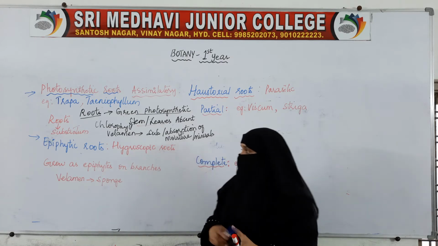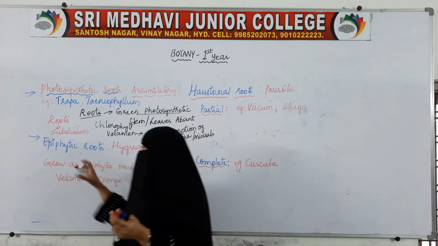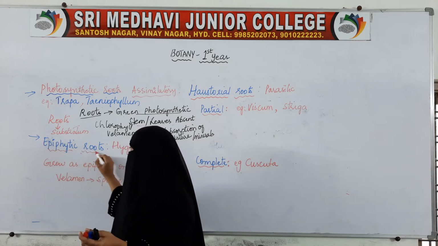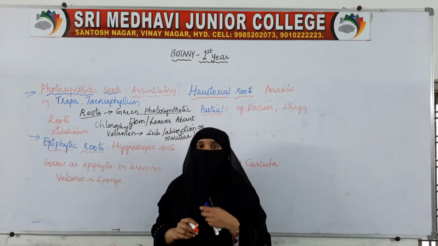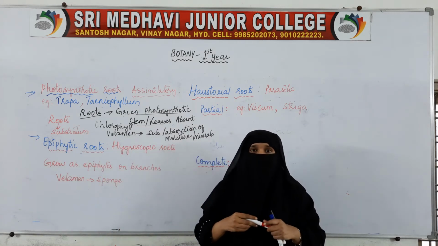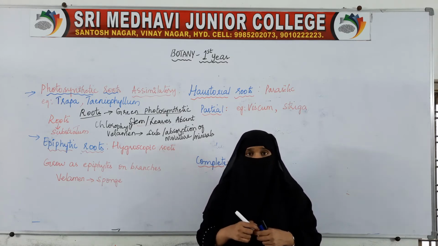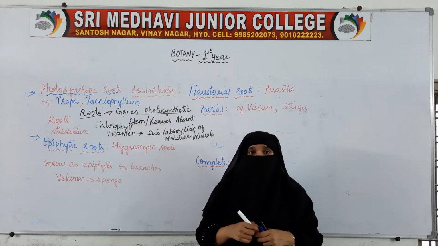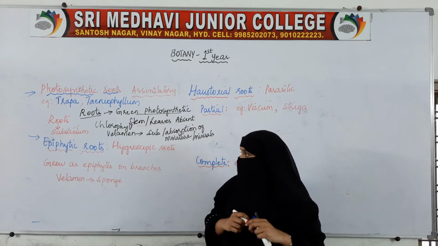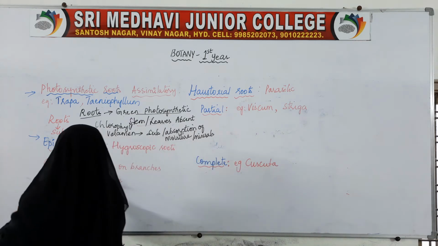Now coming to another type of root, that is epiphytic roots. There are certain plants which grow on other plants. Such plants are called epiphytes.